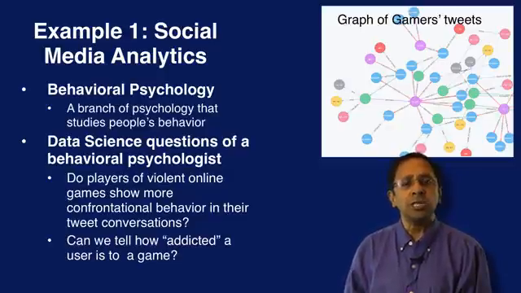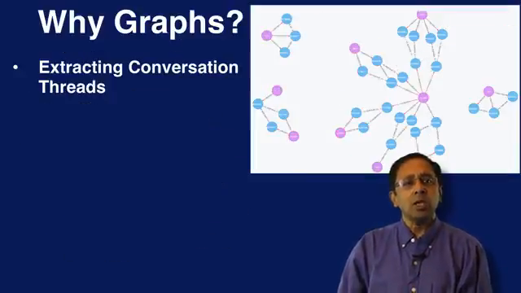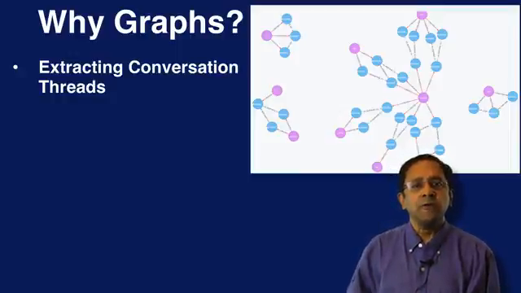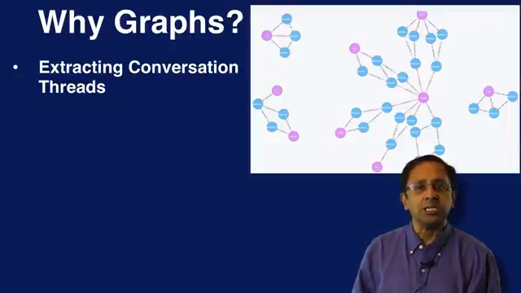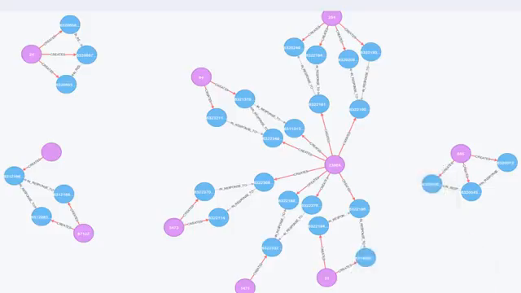So why use graphs for that? Now, one of the things you could do is what we show here. From the graphs, you can extract certain elements like conversations. If you look at it, you will see all of them have somebody posting something, somebody responding to the post, and the first person responding to the response.